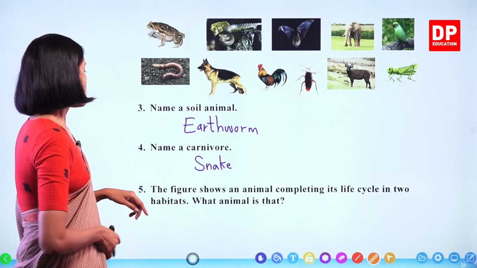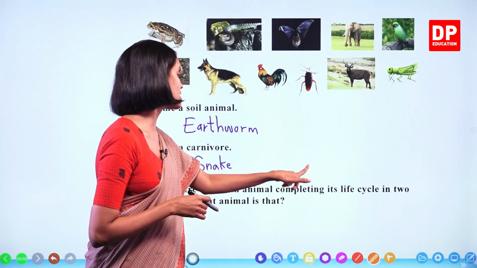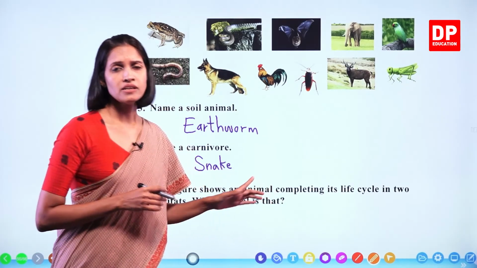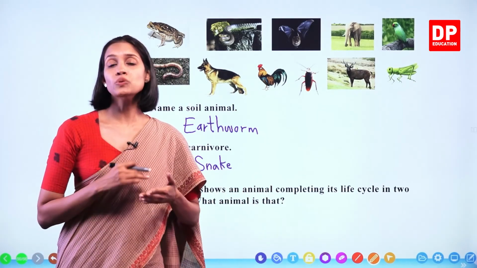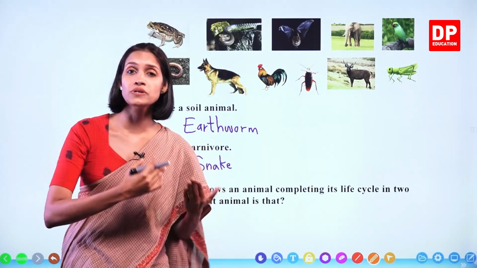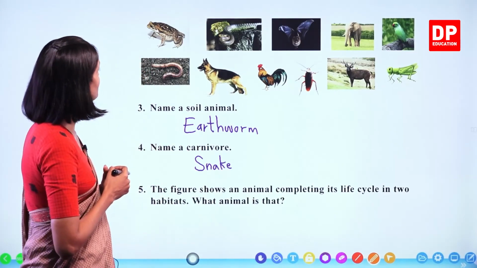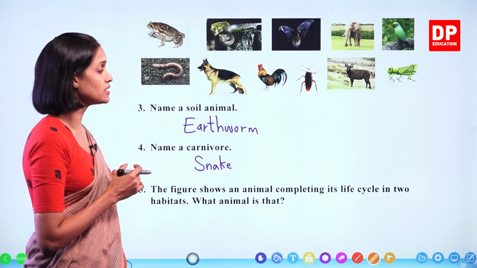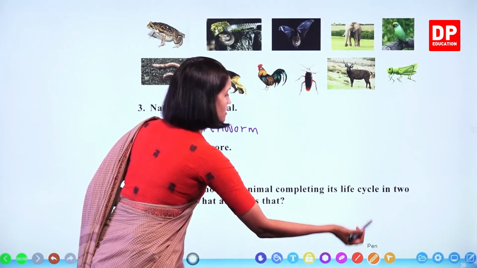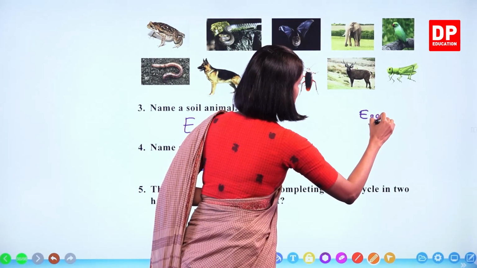Right. The figure shows an animal completing its life cycle in 2 habitats. What animal is that? Remember, children, the animals who complete their life cycles in 2 habitats, specifically in water and land, are known as amphibians. Who is the amphibian here? Y'all can see there's the frog, right? Do you know what the life cycle of the frog is, children? Now, the adult frog lays eggs in water.